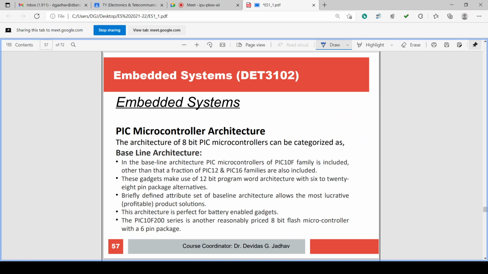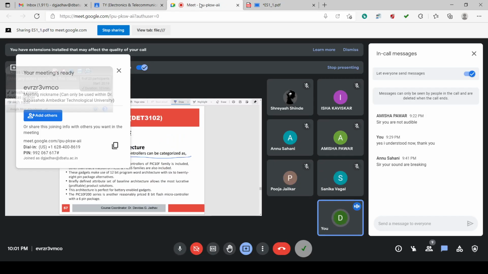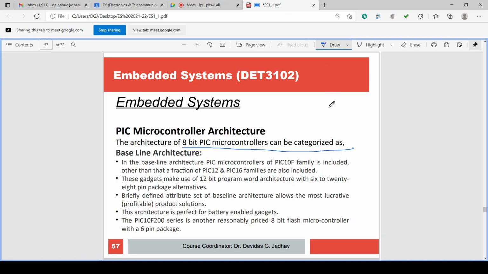What is there in the PIC microcontroller architecture? The architecture of the 8-bit PIC microcontroller can be categorized as baseline architecture. In the baseline architecture, the PIC 10F family is included.